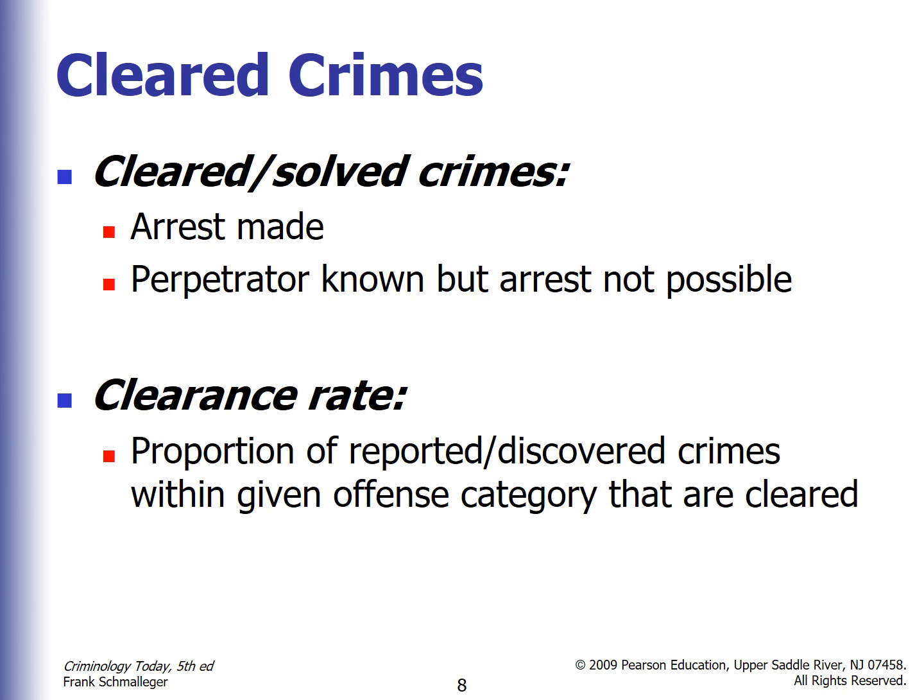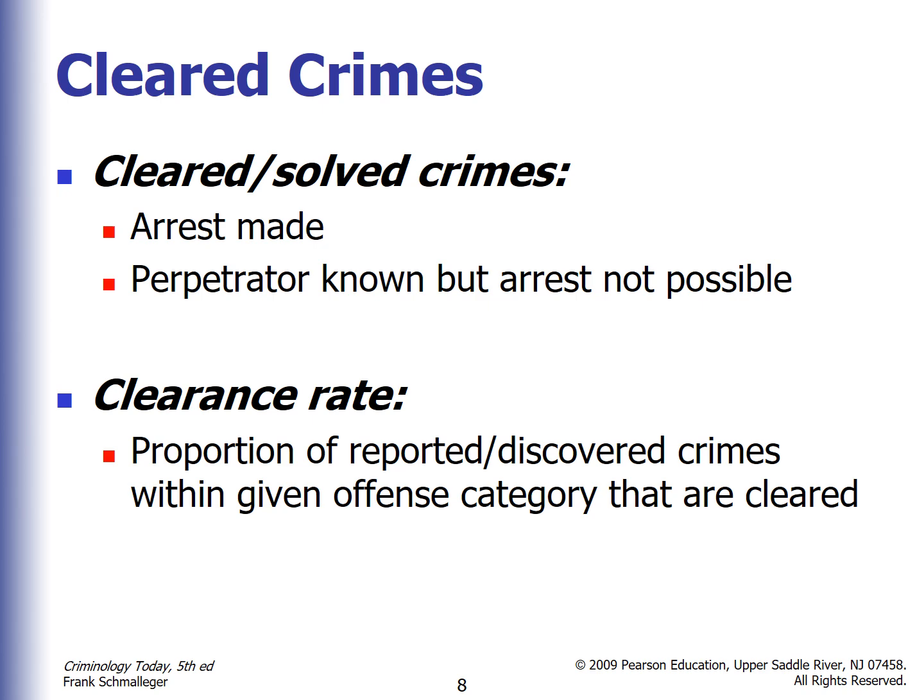All right. So the clearance rate is another term that you'll hear used a lot with regard to counting crimes. The clearance rate is the proportion of reported or discovered crimes within a given offense category that are cleared. So if Pendle reports 10 crimes and 10 of them are cleared, well, the clearance rate is 100%.